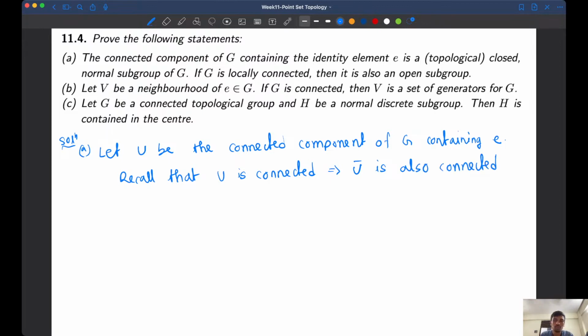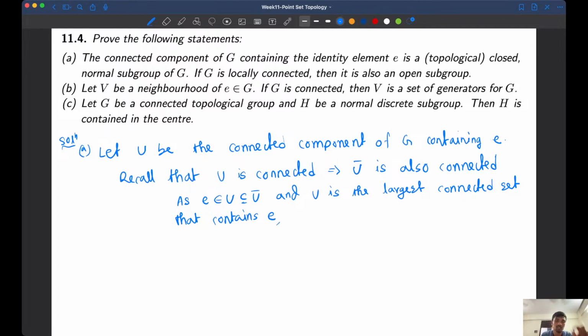And E belongs to U, so E also belongs to U closure, as E belongs to U contained in U closure, and U is the largest connected set that contains E. So this largestness will imply we must have U closure equal to U. So U closure is contained inside U, that is U equals U closure, that is U is closed.